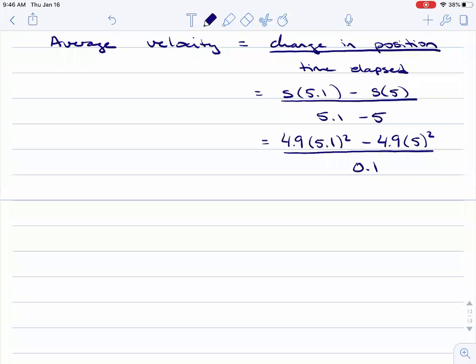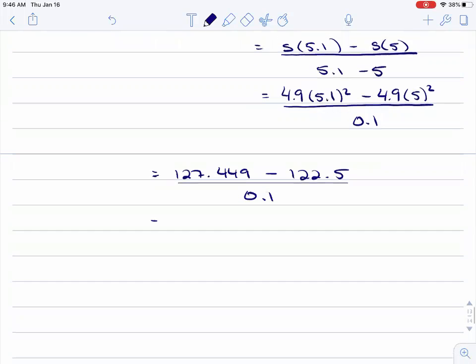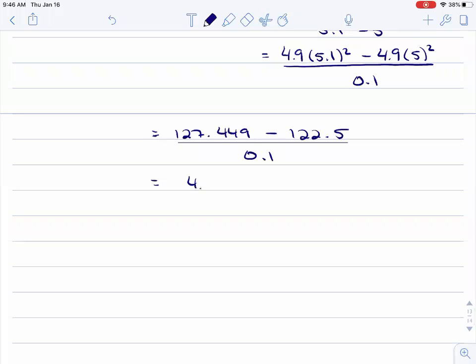And this becomes, and I'm going to scoot it over because I've got a new page here, I get 127.449 minus, and then 5 squared times 4.9, 122.5, over 0.1. 127.449 minus 122.5, I get 4.949 over 0.1.